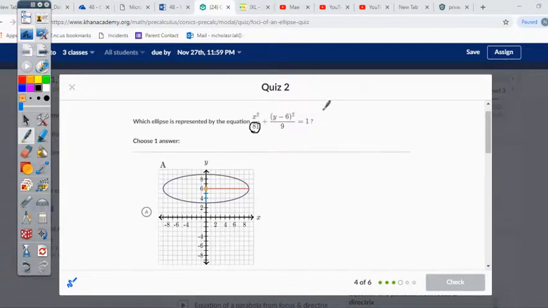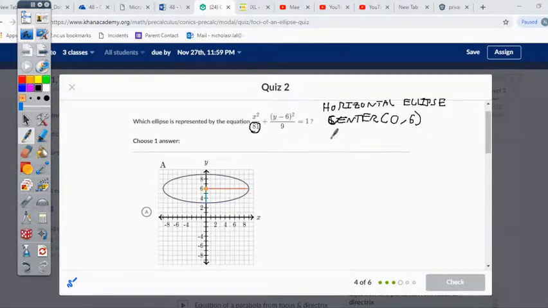The larger denominator is under the x term. All right, our center is going to be at (0, 6). So no change in the horizontal part of the center. Switch the sign for the vertical. So the center is at (0, 6).